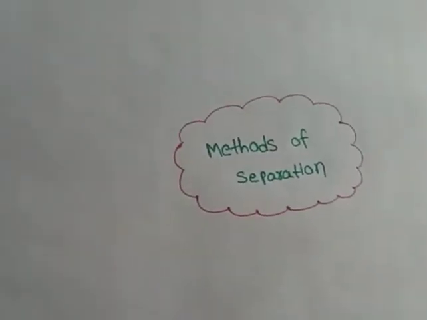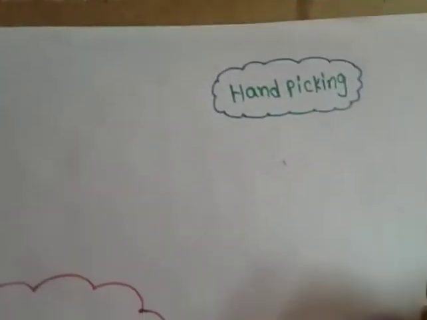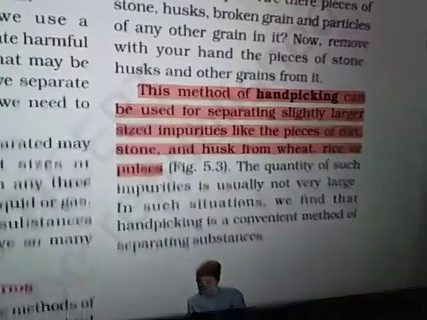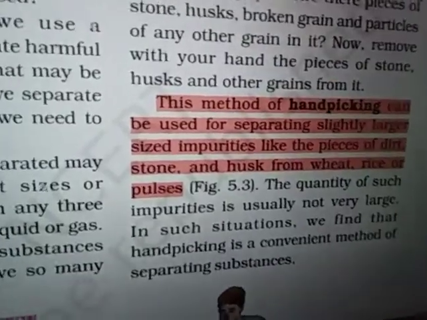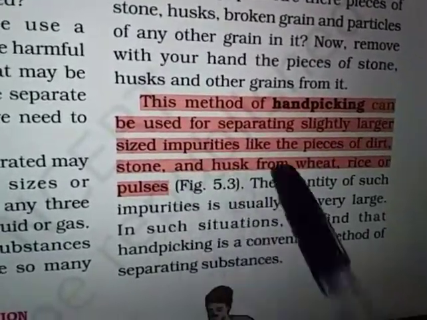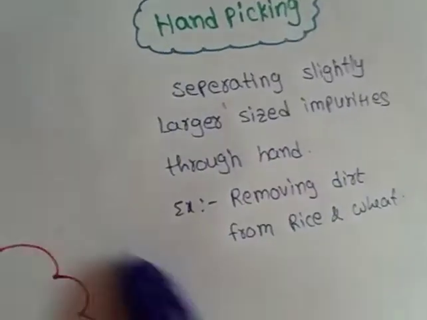And then let's start our branches. Handpicking. So let's write the highlighted topic here. Note making is not writing all the highlighted points. You can see I have highlighted these 4 lines, and I have reread this highlighted point and made it into my understandable manner.